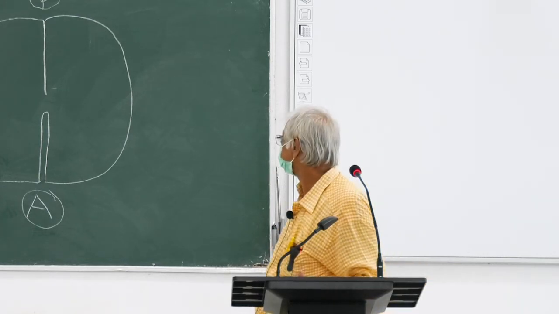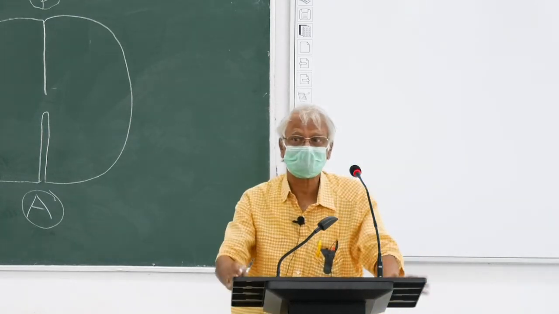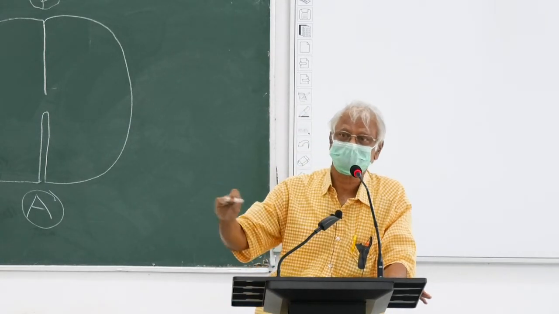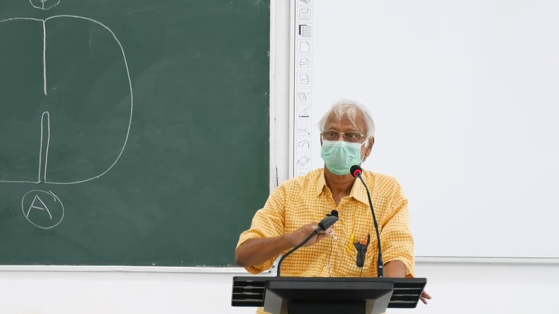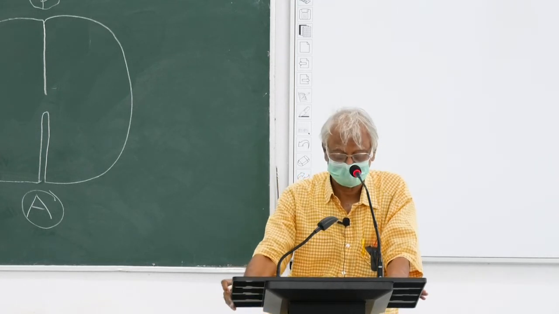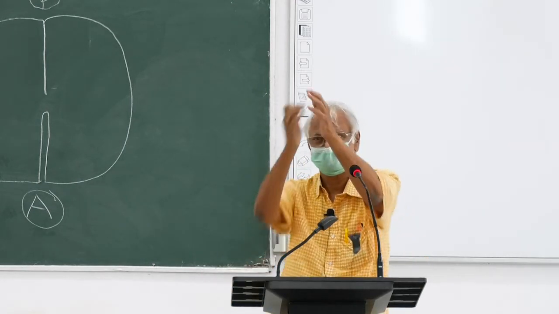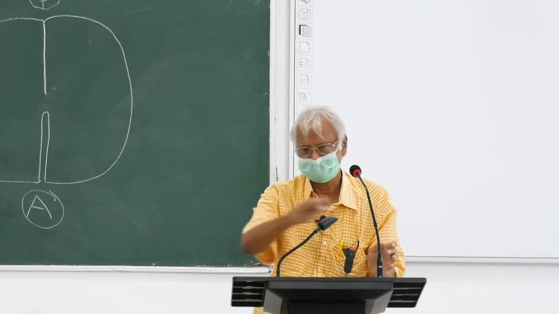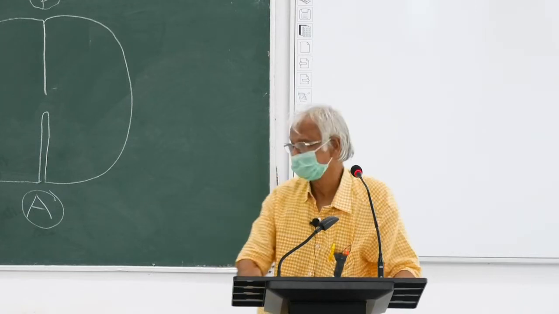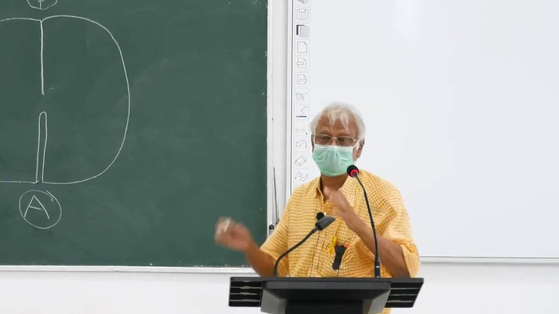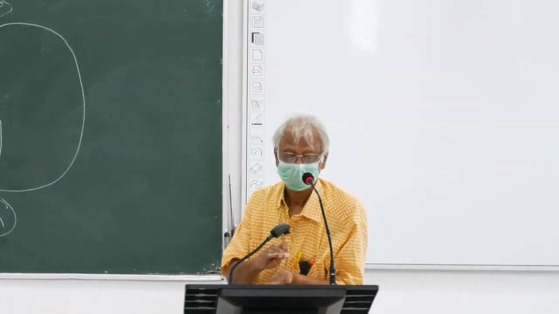Now, if you cut the spinal cord this way, make a transverse, horizontal section of the spinal cord and look from above. Spinal cord is like this, cut here, looking from above. You will find that there is a grey matter and a white matter.